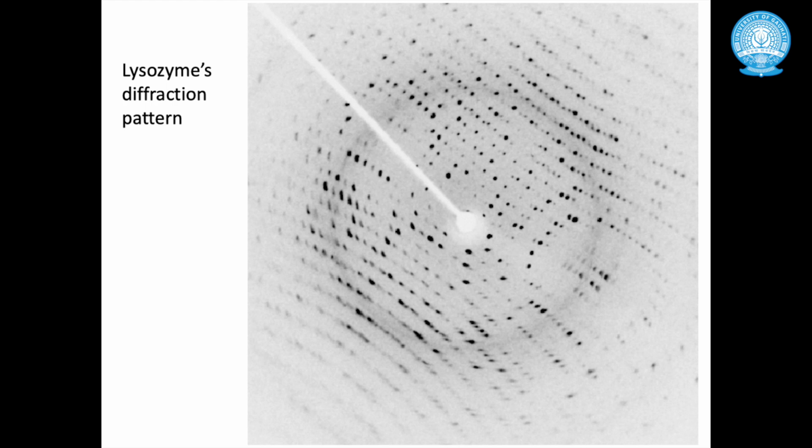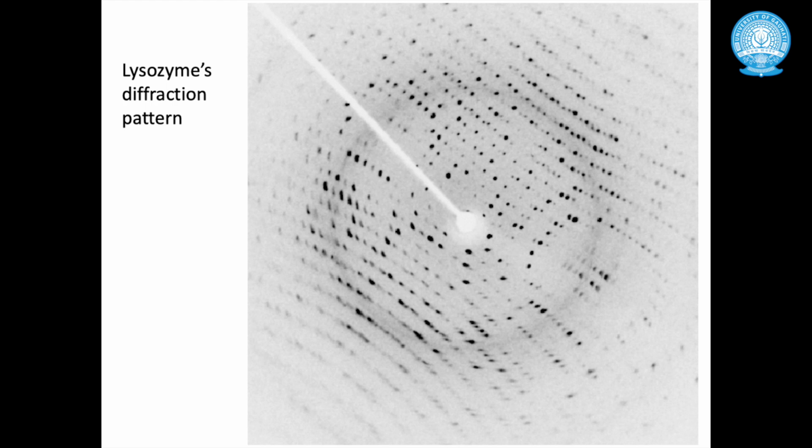In X-ray diffraction also, there are different levels of resolution, for example in angstroms, like 2 angstrom resolution. Commonly the highest resolution that people have nowadays is 2 angstrom.